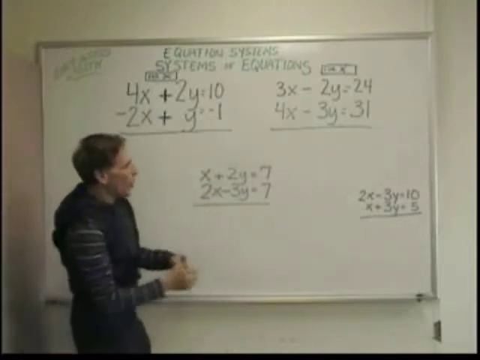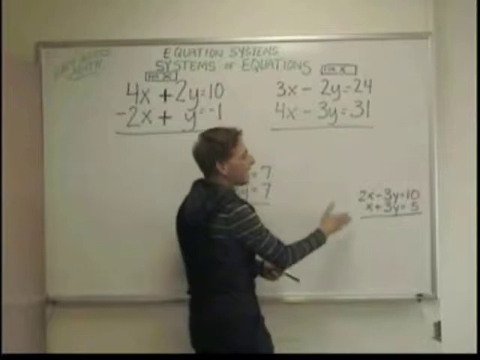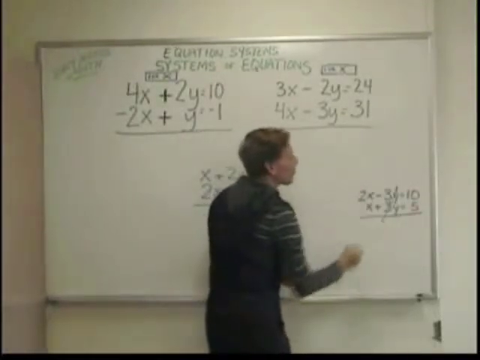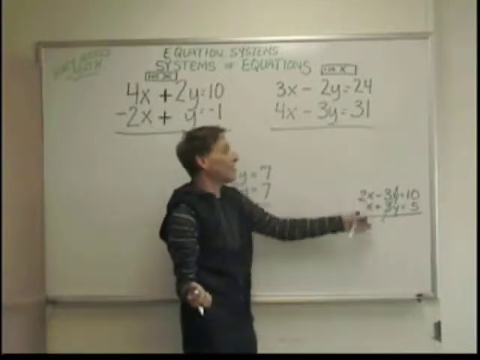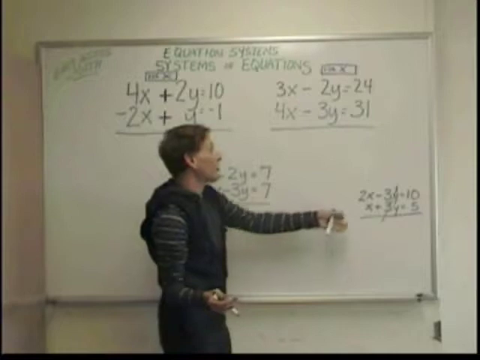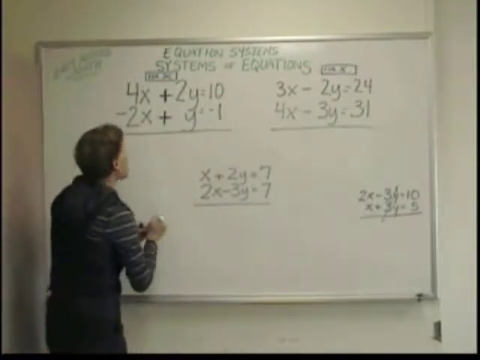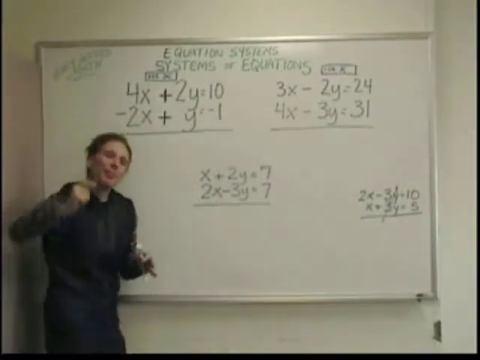Now look at this small one at the end. This was just a sample. I'm not going to work it out, but in the basic sense, if you're really lucky, one value just cancels right out. You don't even have to set anything up. I had a +3 and a -3. Like terms canceled out. I'm left with the other variable. But as the case may be, you may have to adjust one or even both lines.